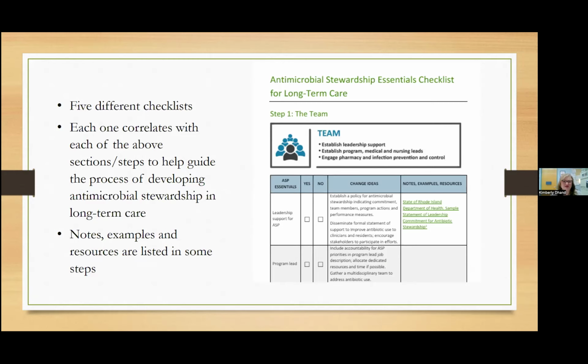The nice thing is that it gives you ideas on what you can do, in the far right-hand column here. There are pages of this checklist that you can download from their website, and it's really great for guiding the process and also providing references. We'll just move on to the next one.